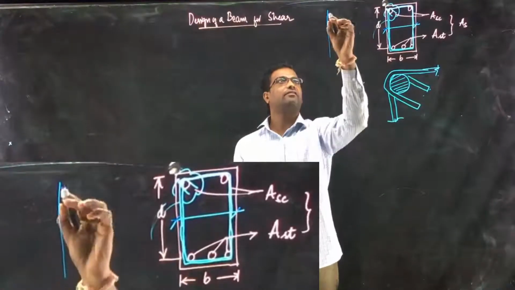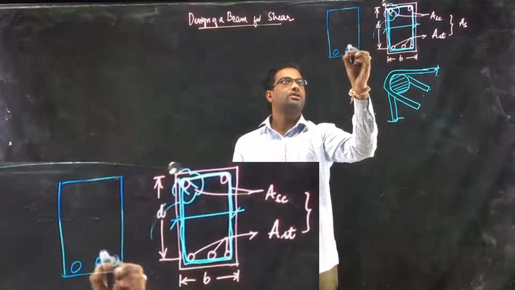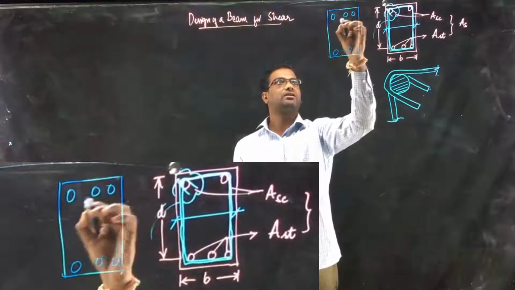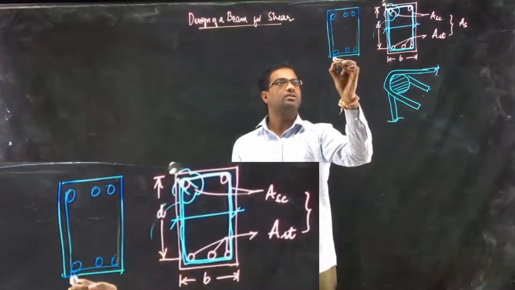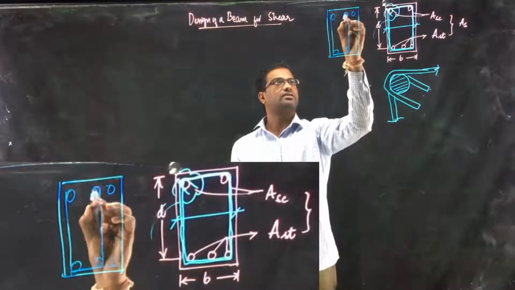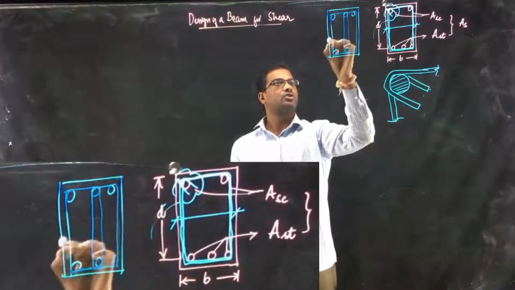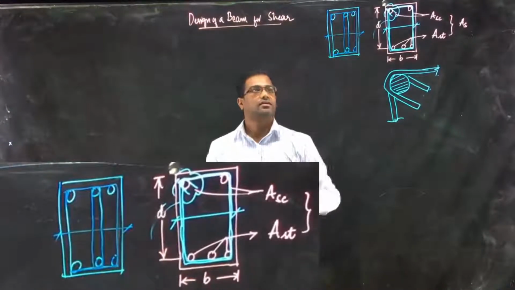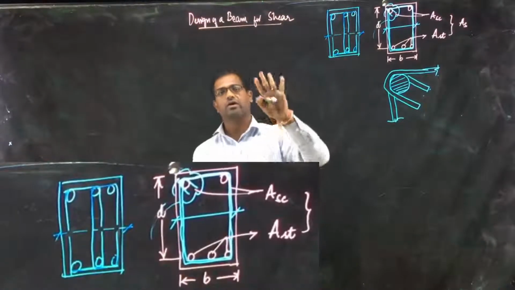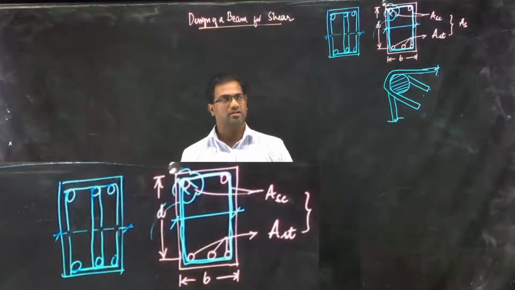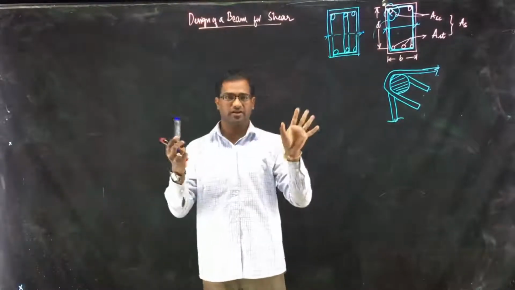And if I have, for example, 3 bars here and 3 bars here, and it happens to be a heavy beam, then normally designers will provide something like this. If I cut here, I am cutting 1, 2, 3, 4. This is a 4-legged stirrup, and this is a 2-legged stirrup. It all depends upon the design.